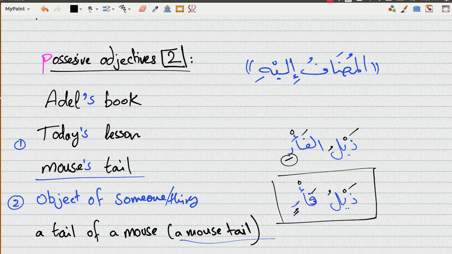In both cases, they both ended with kasra at the end, meaning that they are mudaf ilayhi, and the object that they own is ذيل.